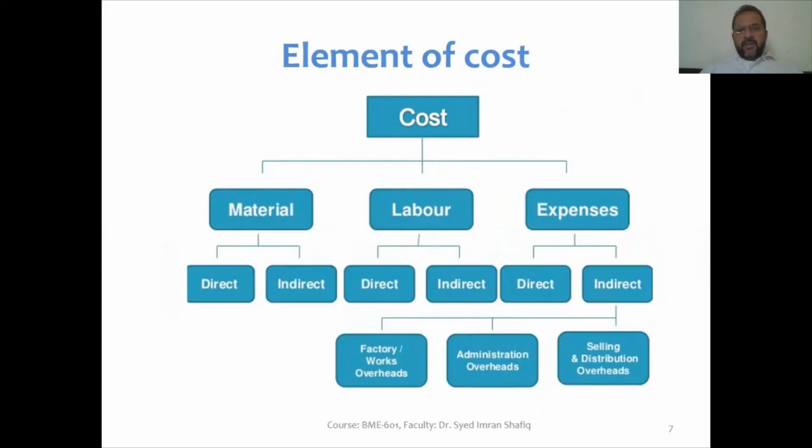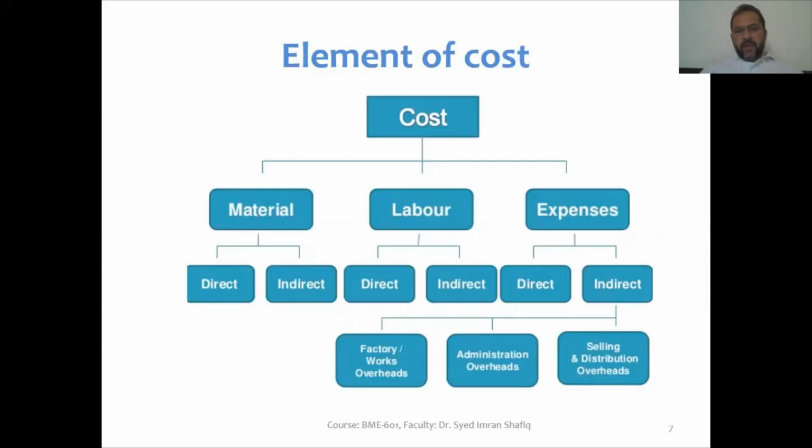As far as the elements of costs are concerned, it can be divided into three groups. First is the material cost, second one is the labor cost, and third one is the rest of the expenses apart from material and labor.